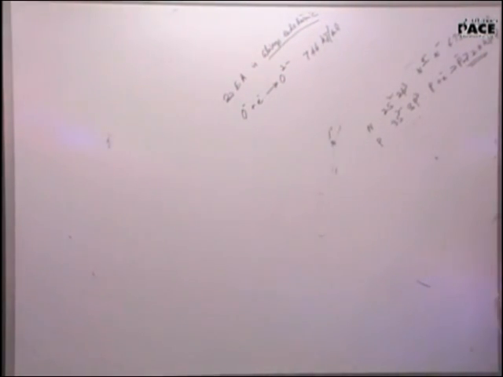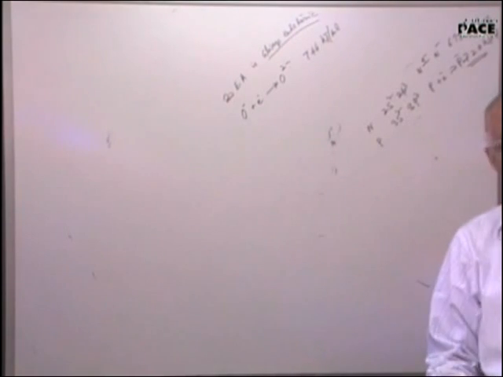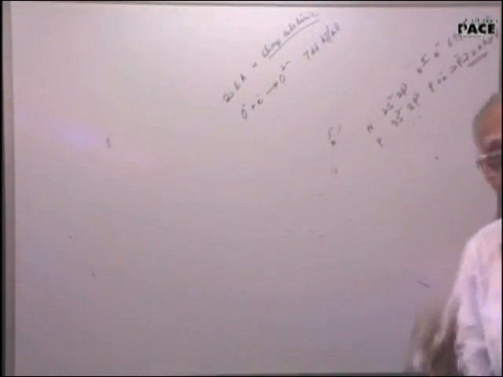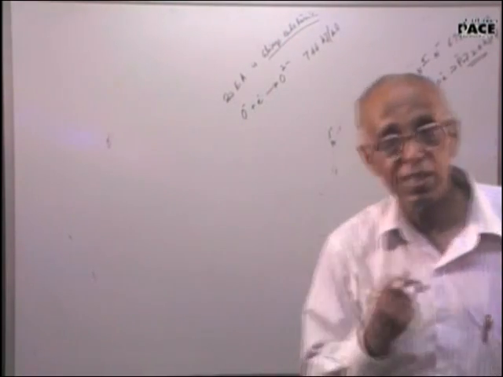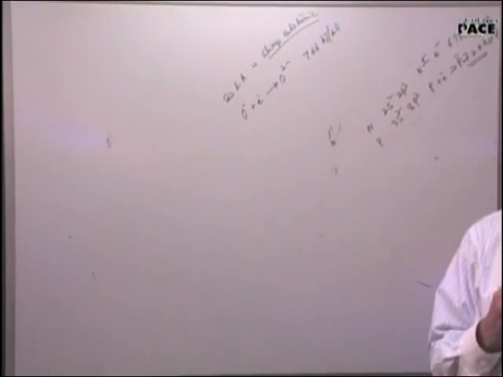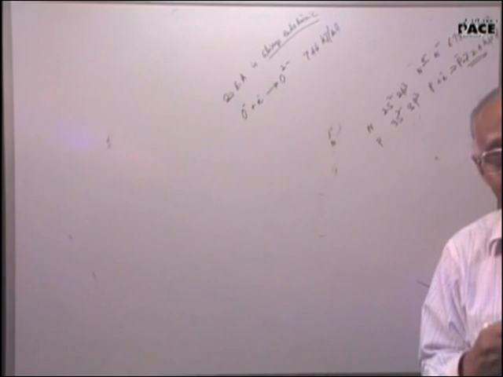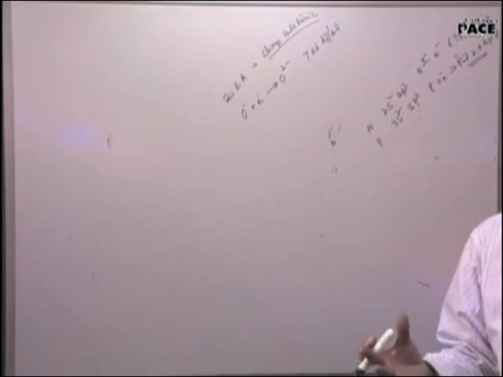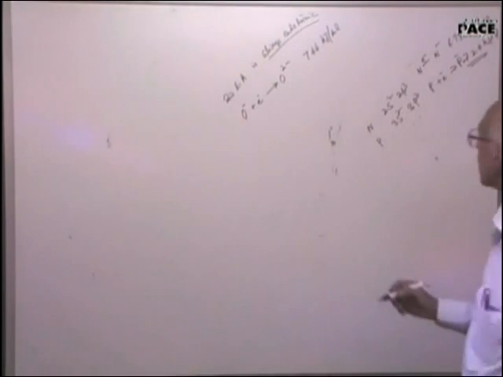Because now the electron repulsion is more dominating than the electron-nucleus attraction. The energy was released due to electron-nucleus attraction. When energy is absorbed, the electron repulsion becomes more dominating than the electron-nucleus attraction.